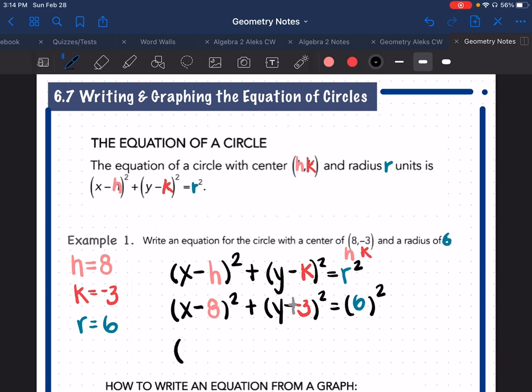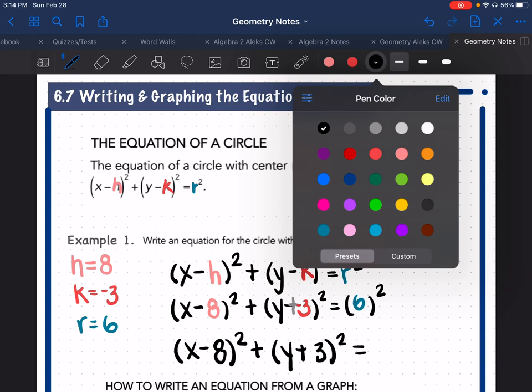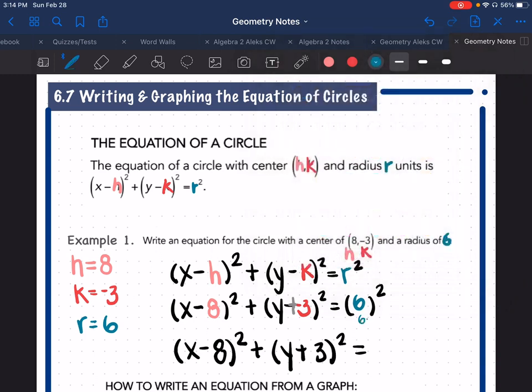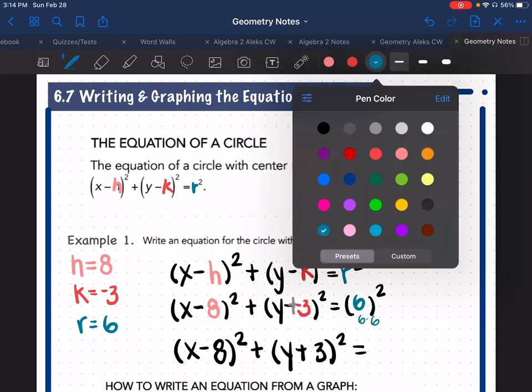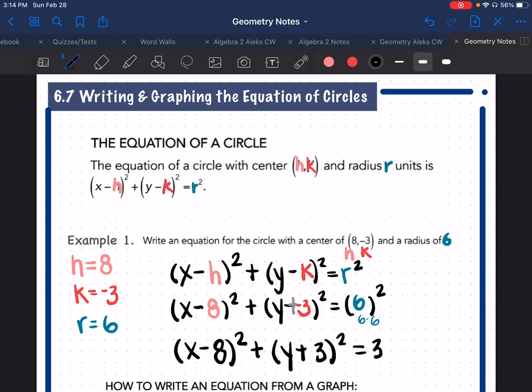So my final answer, my equation, would be x minus 8, quantity squared, plus y plus 3, quantity squared, equals 6 squared, which is 6 times 6, which I know to be 36. This is how you would want to write it.